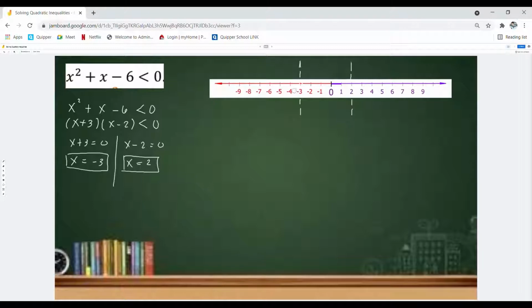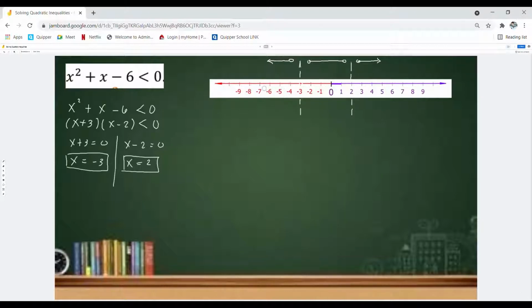When you represent it with a symbol, this is how it looks. It's open here because the sign is less than. Since it's open, we are going to use parentheses.